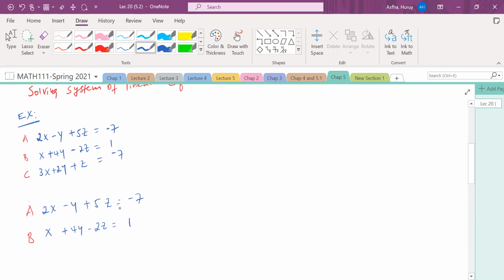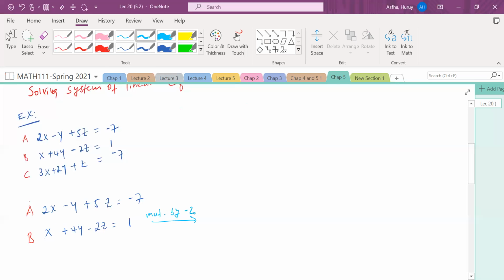It's up to you. There is no rule about which variable to eliminate. But for me, I will choose x because it looks easier to multiply. Here we have the coefficient 2, and here we have the coefficient 1. So I will multiply the second equation by -2 so that the x variable in these two equations will have opposite coefficients.